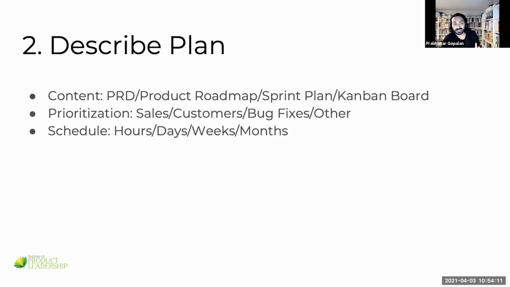So the next step is describing the plan. And I'm pretty sure all of you are very familiar with product roadmaps, sprint plans, Kanban boards, and all that stuff. The content is there in the plan, but the key is how are you devoting your resources in the work streams in these groups?